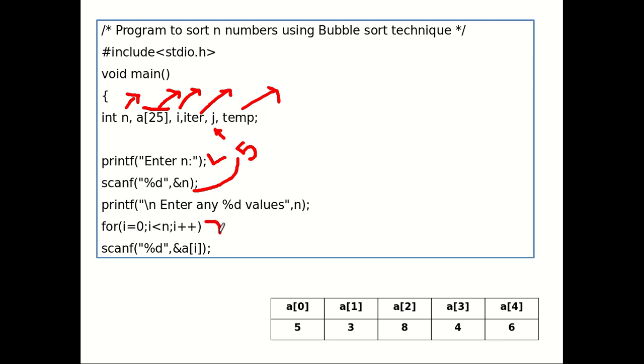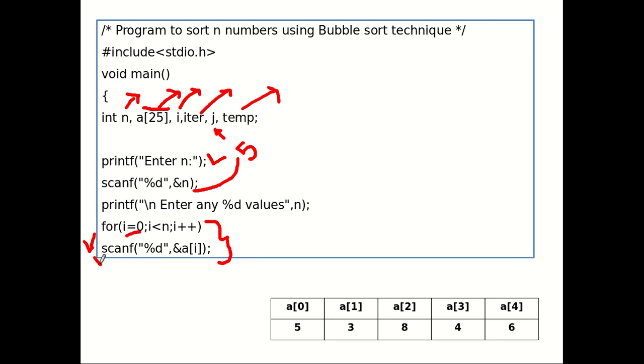These two statements are used to store the 5 elements entered from the keyboard into consecutive array memory locations. Initially i value is 0, i is less than n, so the condition is true, n value is 5, so it will enter the loop.